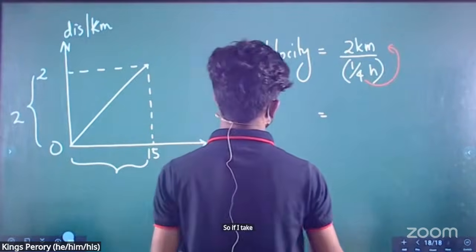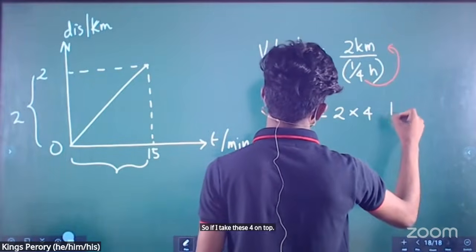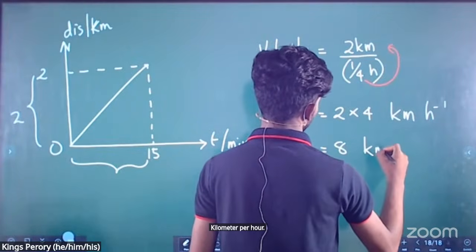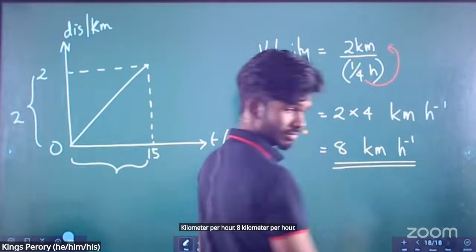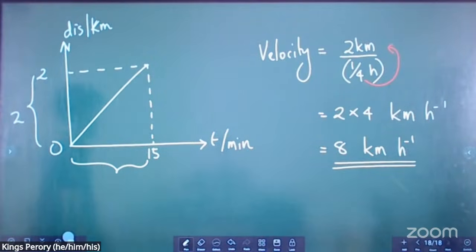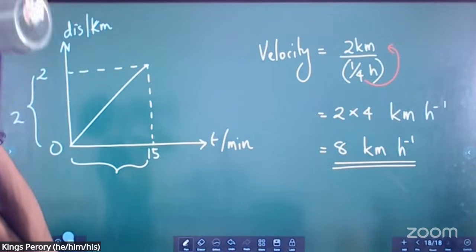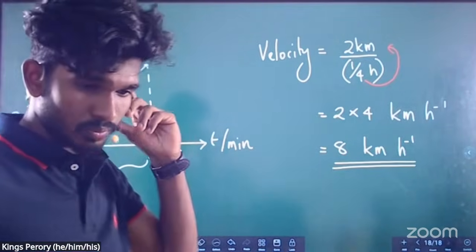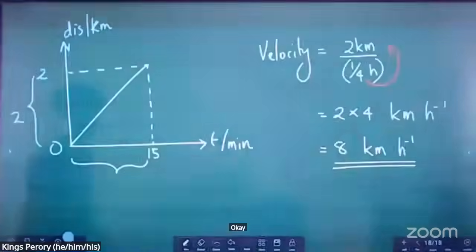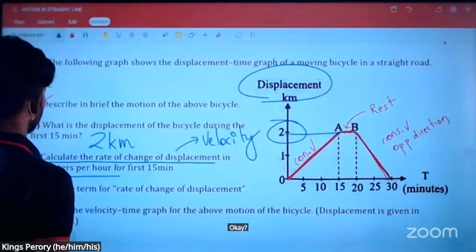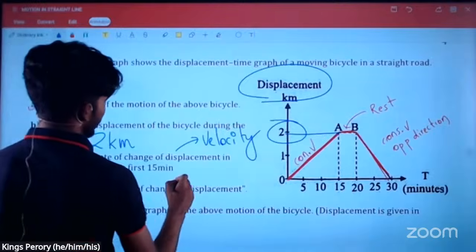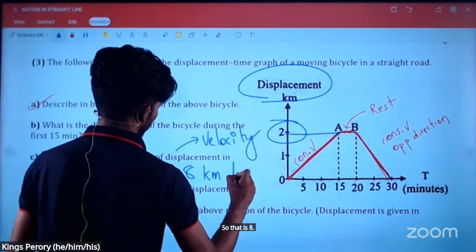So 2 multiplied by 4 kilometers per hour. 8 kilometers per hour. So that is 8 kilometers per hour.